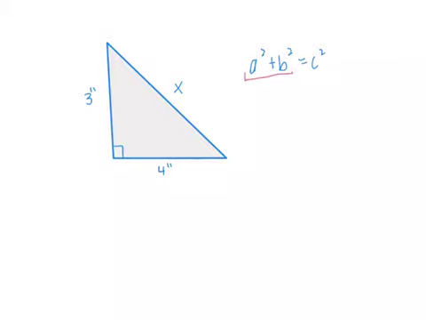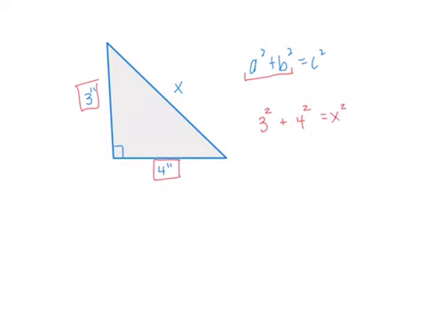And a and b are referring to the sides or the legs of the triangle. So these would be my a and my b. So to plug into Pythagorean's theorem, I would say 3 squared plus 4 squared equals c squared. And instead of c, I'm going to use x just because that's what we put on the triangle for the diagonal.